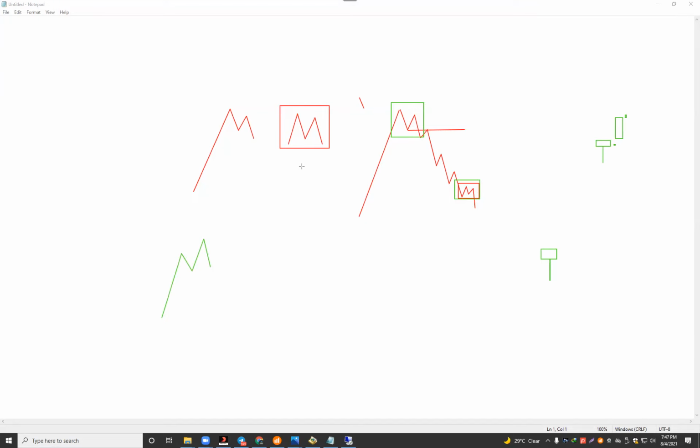Which M is correct? This M or this M? The first one. The second one is not a correct M. It is possible that when it broke this level, price can move up.